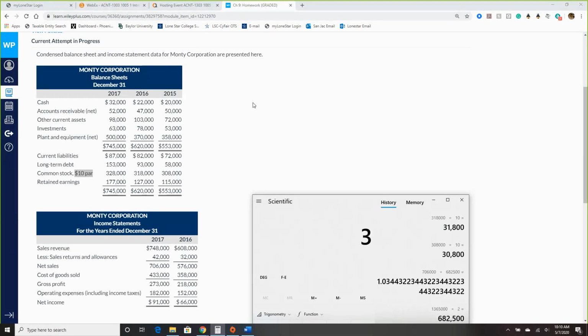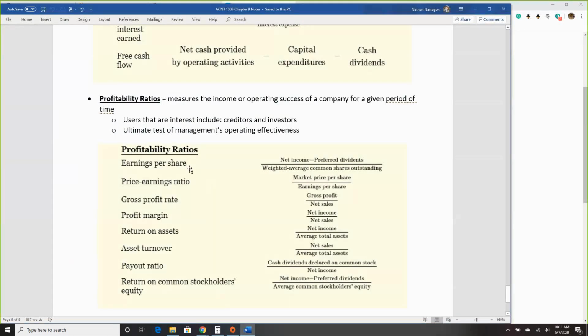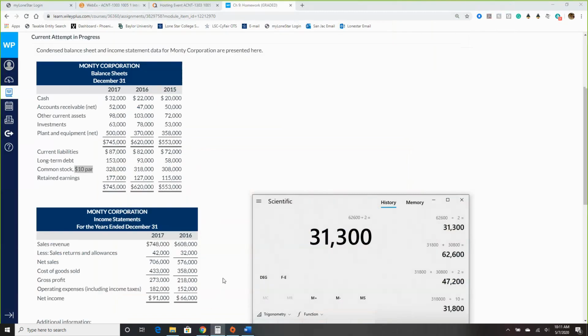So we're going to take the 31,800 plus 30,800, divide by 2. Oops. Did that a little bit too quick? There we go. So 31,300. Again, we're going to divide it into net income.